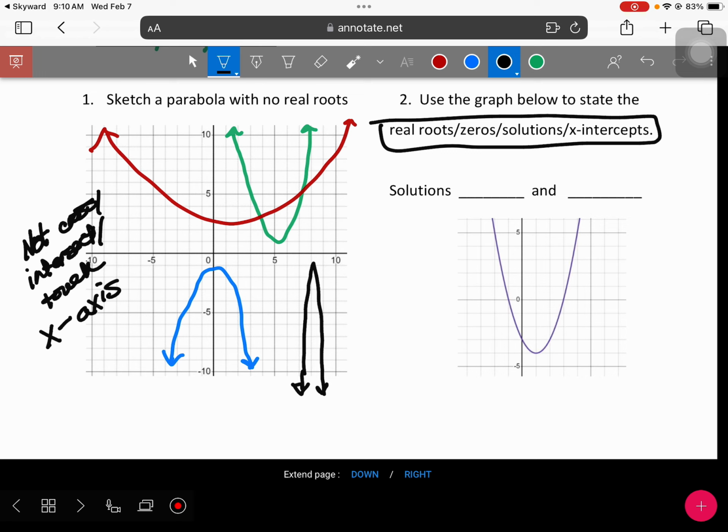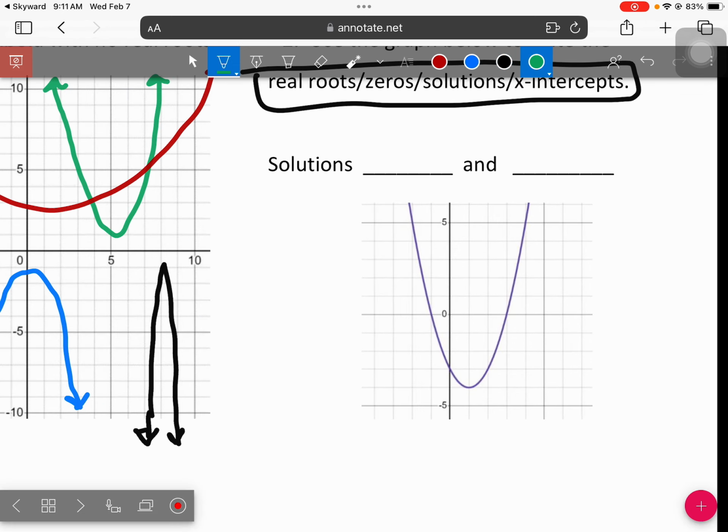What did you circle? If you circled anything, or what would you circle? Okay, where it crosses the x-axis. And so that would be right here, right here and right here. So my solutions are what?